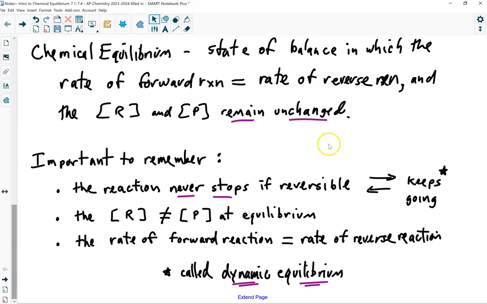So you might think that the reaction stopped, right? You might think that it stops, but it doesn't stop. It just keeps going. And so it is what's called a dynamic equilibrium. In other words, it's always going, even if it looks like it isn't.